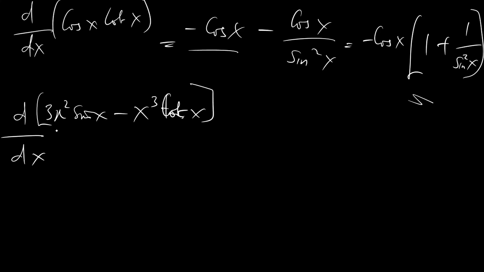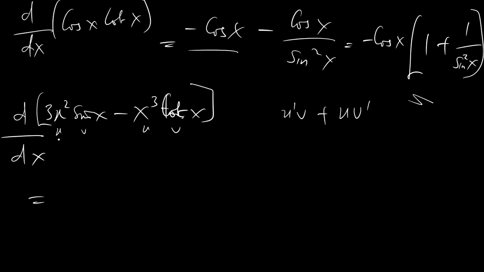Now you have the function u times v minus the function u times v. So the derivative of this will be the derivative of this times this, which is, let's put the general formula, u prime v plus u v prime.